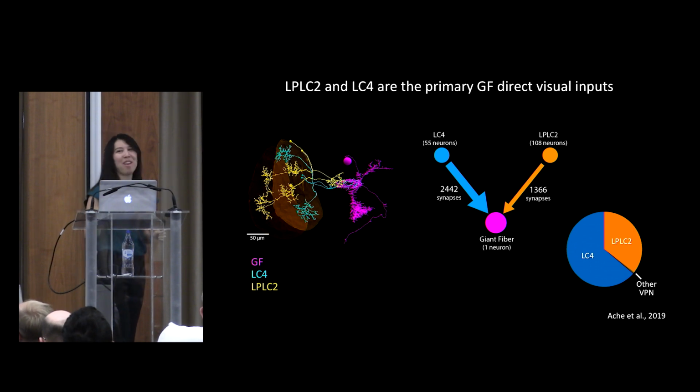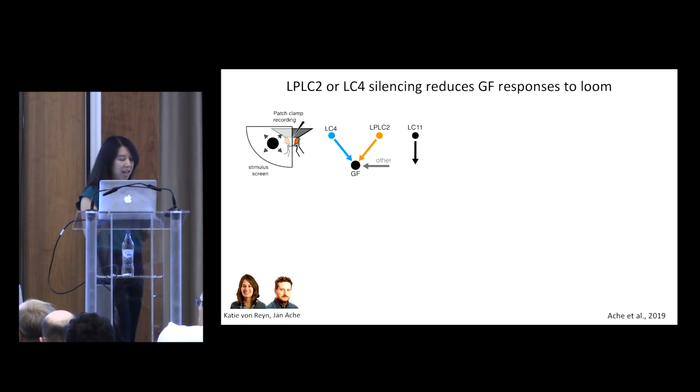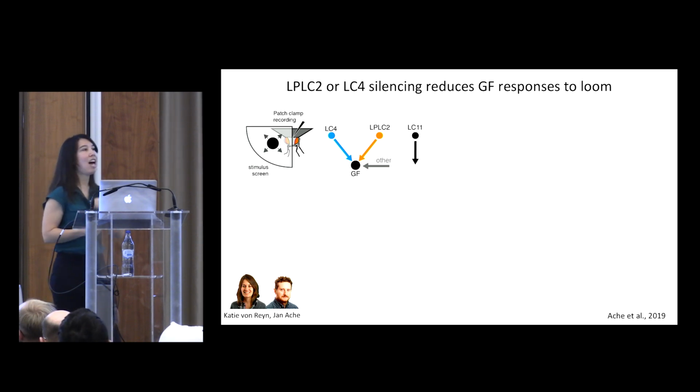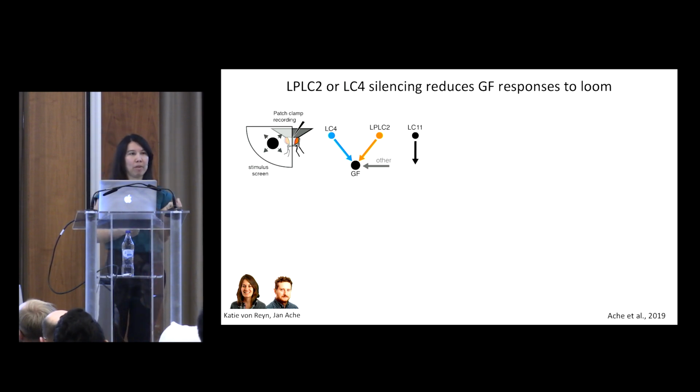Great. What does that mean for how the giant fiber is responding during looming stimuli? Well, again, we can take our genetic tools and do specific lesion experiments, as it were, by using our genetic tools to silence either LPLC2 or LC4. In this case, we're not going to use calcium imaging as we did to look at LPLC2 responses. We're going to use whole cell patch clamp recording.